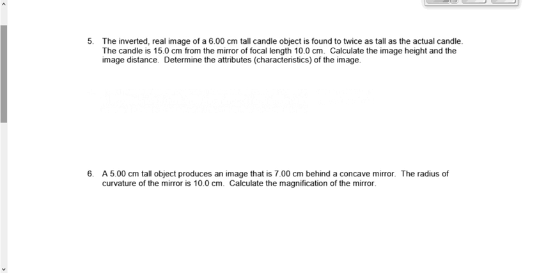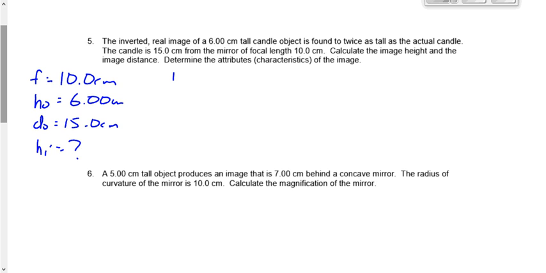So that means the focal length is positive, which is 10.0 centimeters. We say our HO is 6.00 centimeters. We're going to say that the object distance is 15. I think that's all we have. We're going to determine the image height.